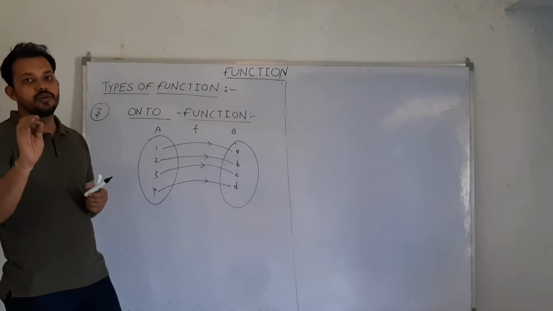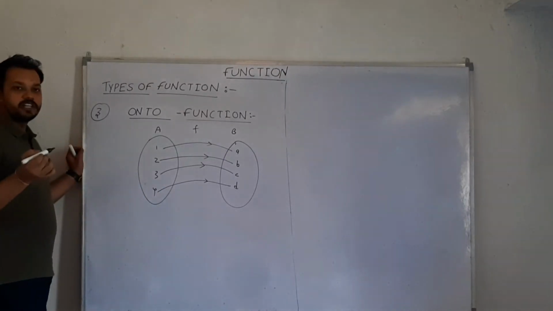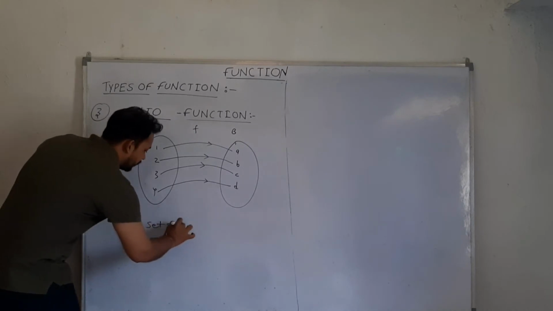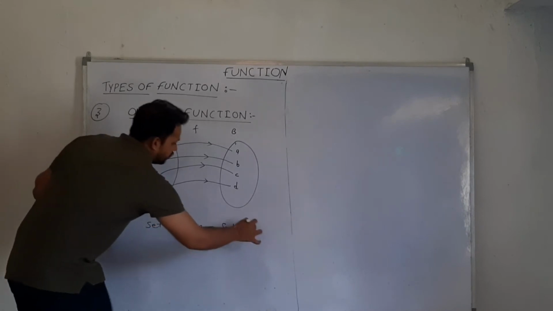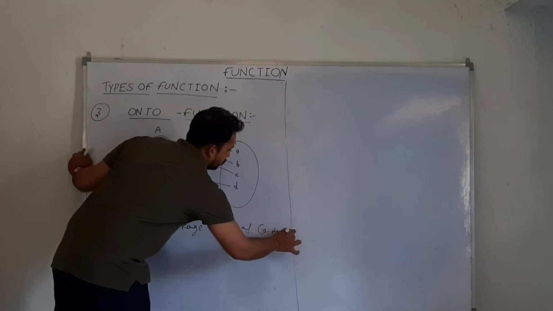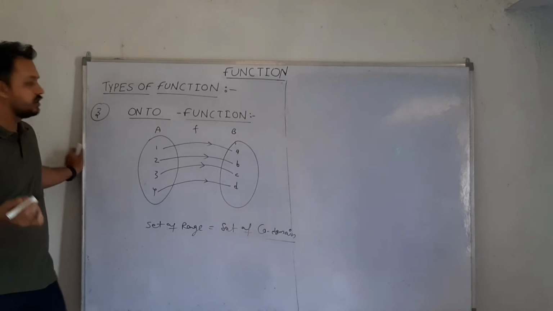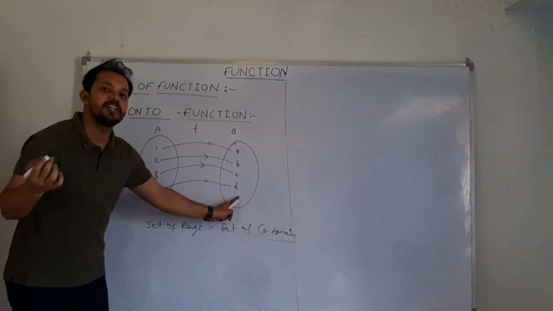So we can conclude in a single line that in an onto function, the set of range is equal to the set of codomain. When the set of codomain is equal to the set of range, it means all the elements of the codomain are in the range also, meaning they are images also.